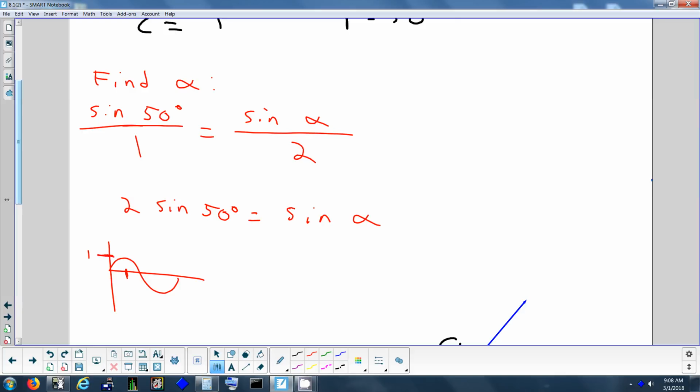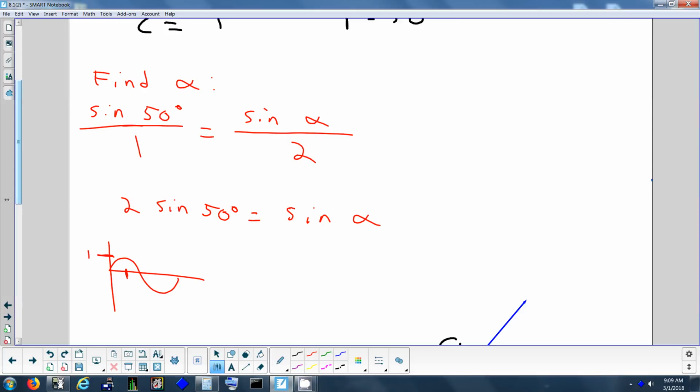So if the sine of 45 is 0.707, the sine of 50 is a little bigger, maybe 0.75. If you double 0.7, because that's what this is saying to do, you get 1.4, or in this case, something a little bigger than 1.4, maybe 1.5. So you have the sine equal to 1.5.